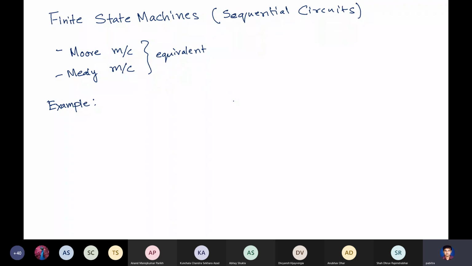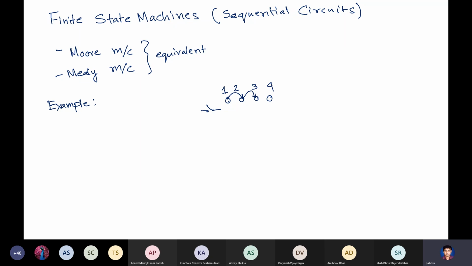The example is as follows. Suppose you have 4 LEDs, let's number them 1, 2, 3, and 4, LED or light bulb or whatever. And you have a switch. Every time you press the switch, the first time this LED glows, the second time this LED glows, and so on.